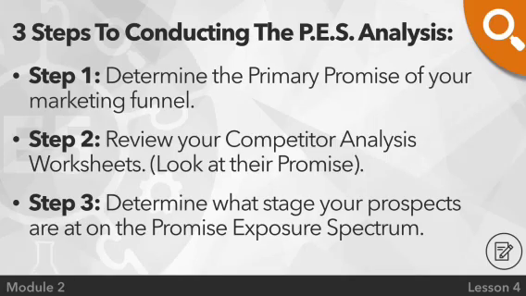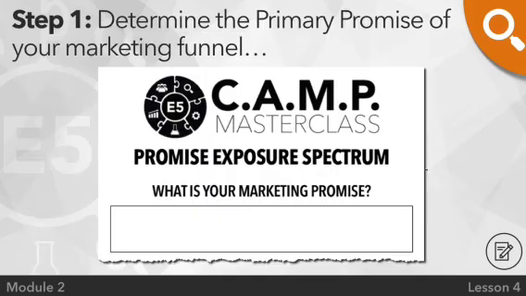So let's cover each of these 3 steps quickly. So step number 1 is determine the primary promise of your marketing funnel. You want to take out the promise exposure spectrum worksheet that comes with this module and lesson. And at the top of the worksheet, you want to write in your marketing promise.